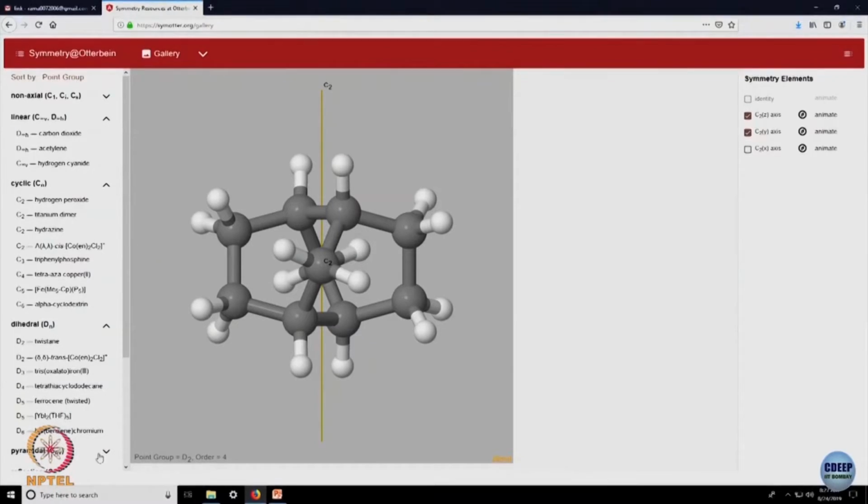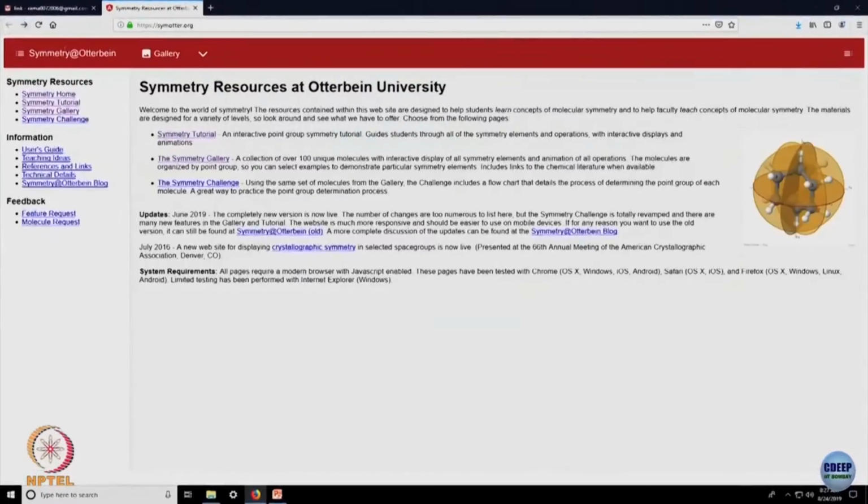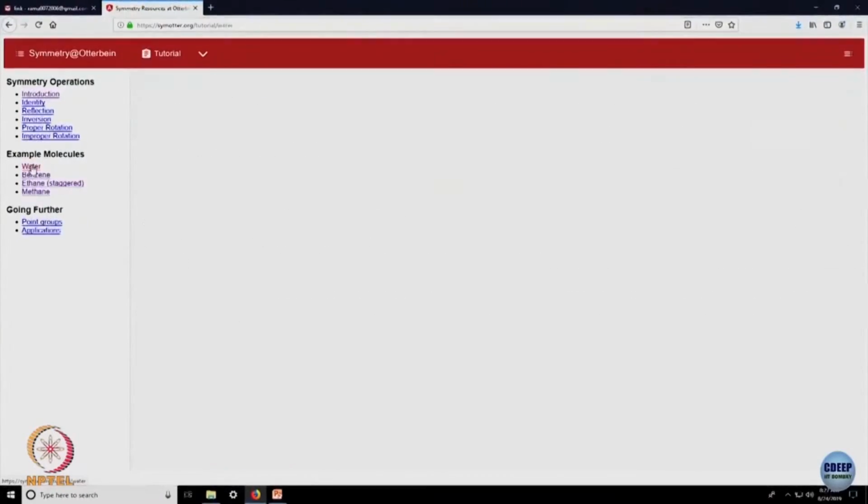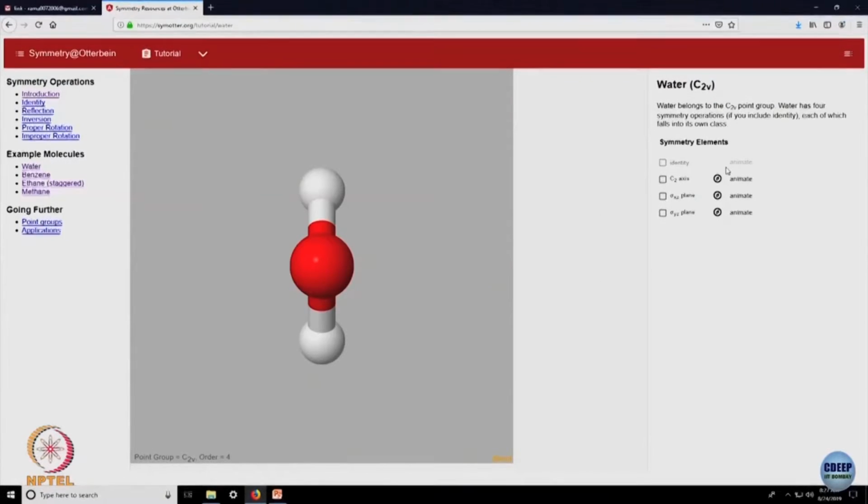Okay. So, I thought let me share this. I did send this link. How many of you tried it? I do not know how many of you tried, but there was this supersymmetry tutorial which will give you hands on, whatever I tried to do in the class, but here you could try and do the C2 axis animation. You can see that both the hydrogen atoms move from one to the other.